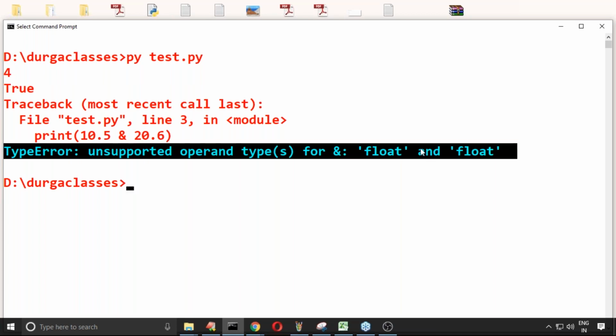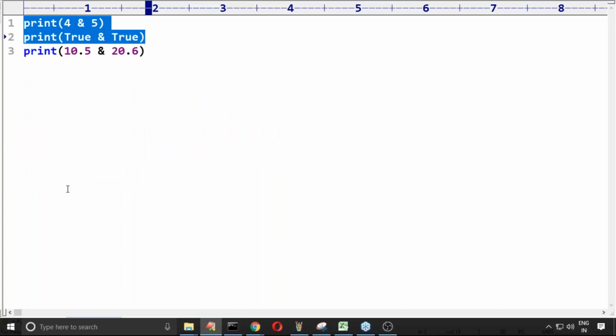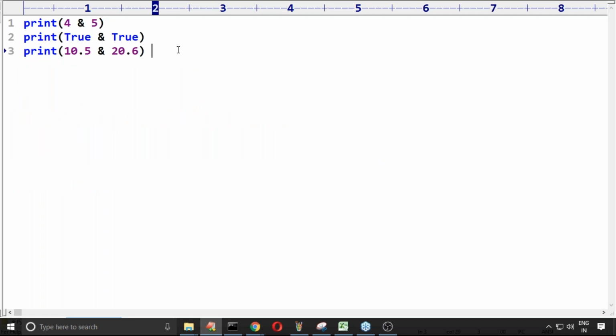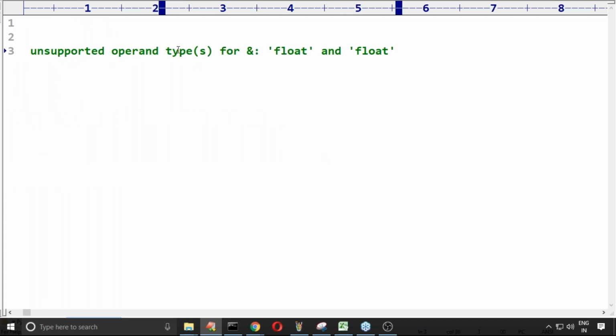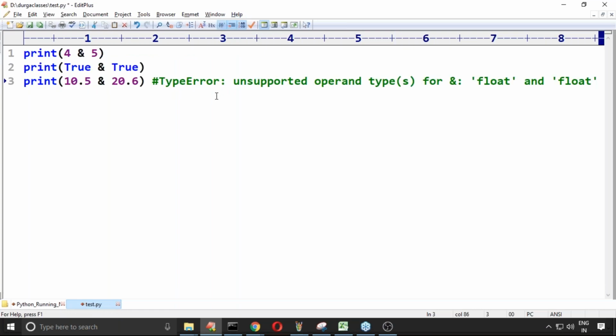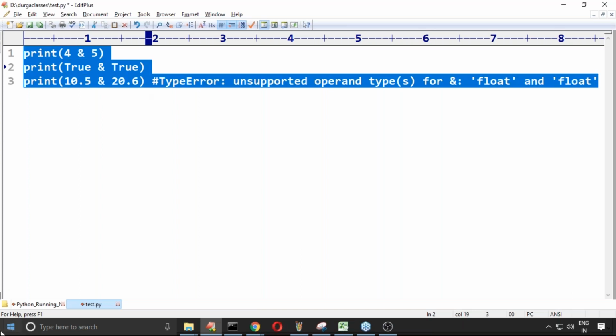For the last one we get: unsupported operand types for float and float. I hope everyone understands. So where can we apply bitwise operators? For int types and boolean types, but not for float. Remember carefully about this terminology.